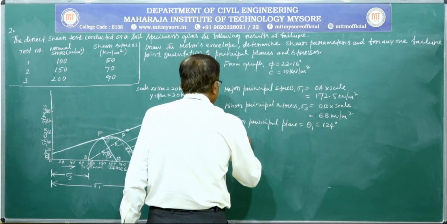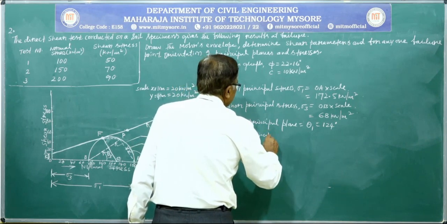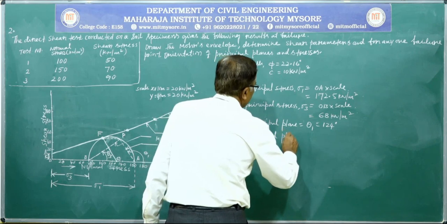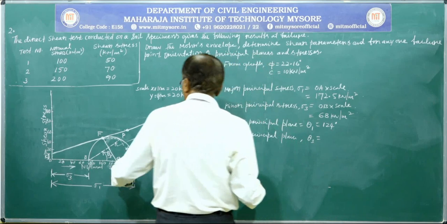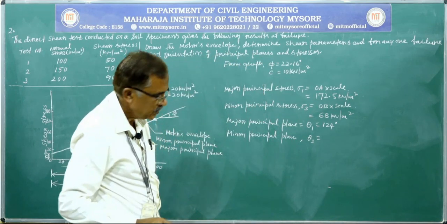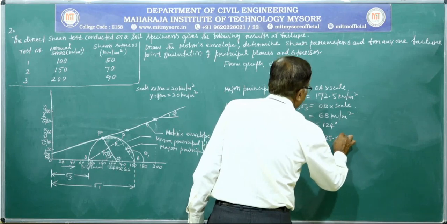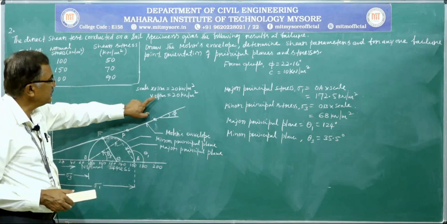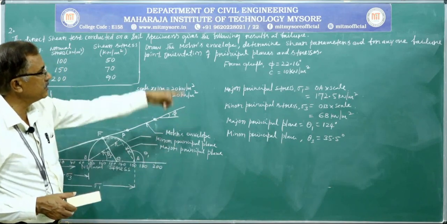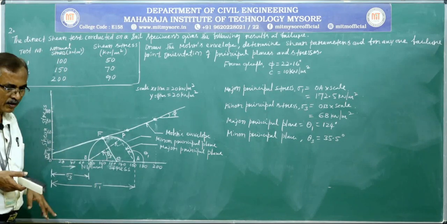Minor principal plane theta 3 is about 35.5 degree. If you construct these test results for this scale, you will get the results sigma 1, sigma 3, theta 1 and theta 3. It can be plotted like this.